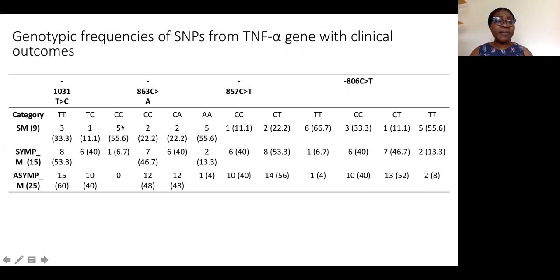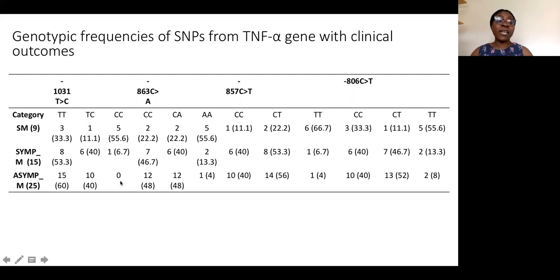Now, earlier I said that these homozygous mutants, especially in this and another particular codon, 308, have been associated with severe condition. In this study, we saw a similar trend whereby children with severe malaria have more of these homozygous mutants in them, unlike children with symptomatic or asymptomatic malaria, who don't have these homozygous mutants, especially in the asymptomatic condition.